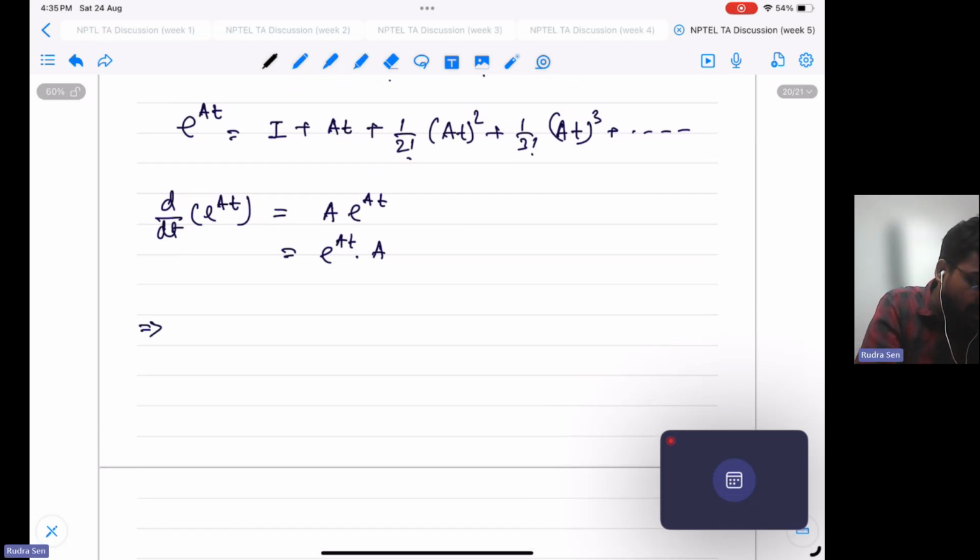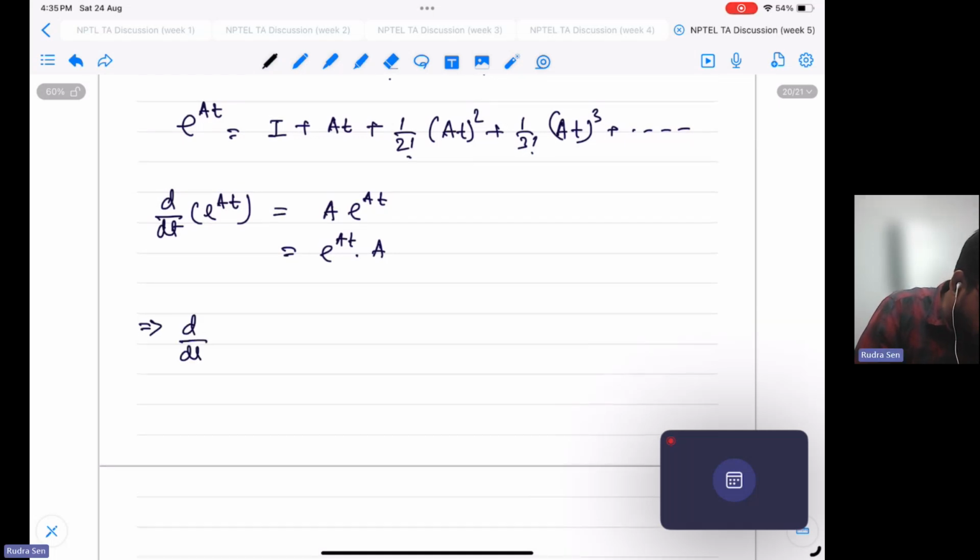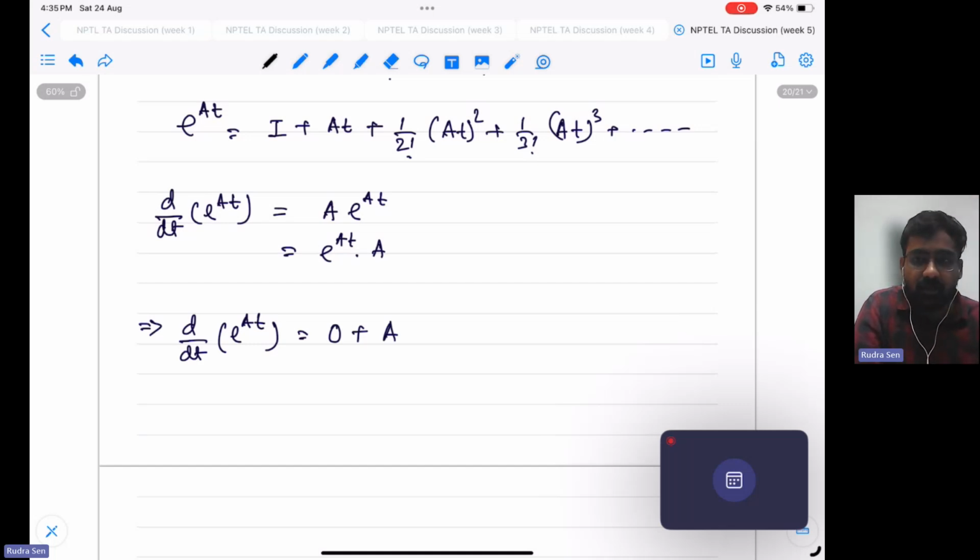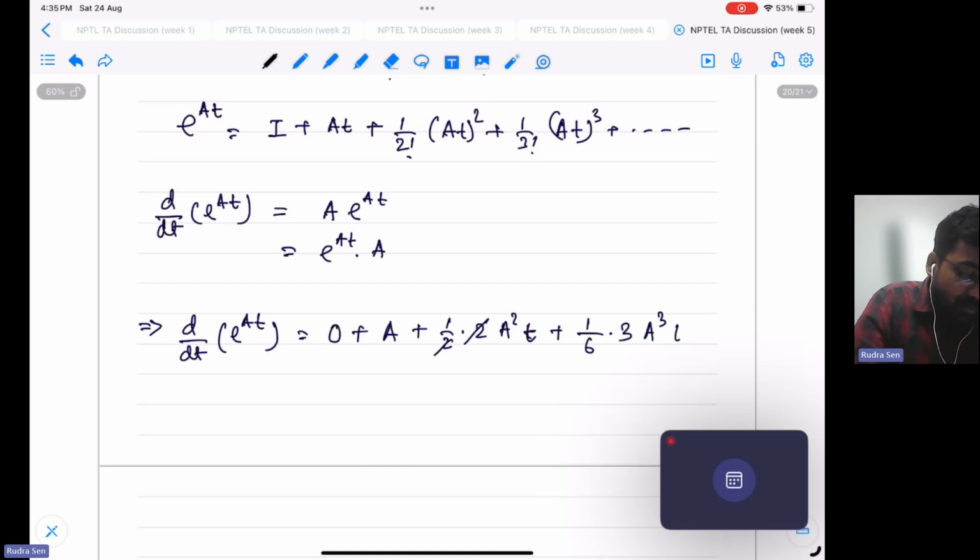So from here, if we differentiate this term, d/dt of e^(At): the differentiation of I is basically 0 because I is the constant term. 0 plus A, because A is a constant matrix multiplied with t, so only the derivative of t remains, plus 1/2 into 2A²t, plus 1/6 into 3A³t², plus 1/24 into 4A⁴t³.